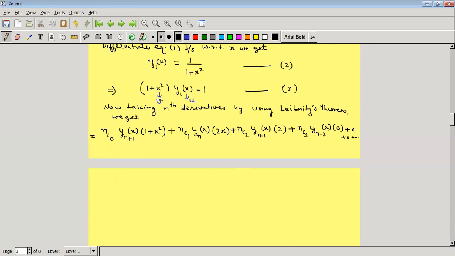So this is equal to nC0, which is 1, into 1 plus x square, y(n plus 1) at point x, plus nC1, which is n, so 2x is also there, so we can write 2n x into yn(x), plus nC2, so we can write n into (n minus 1) upon 2, into y(n minus 1)(x) into 2, plus 0 plus 0 plus 0.